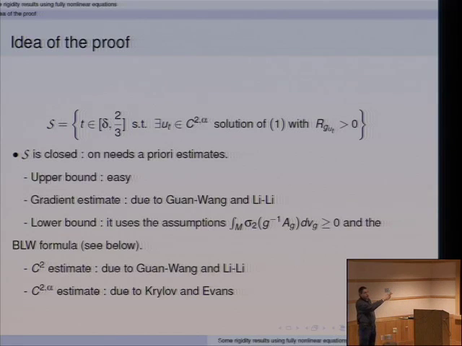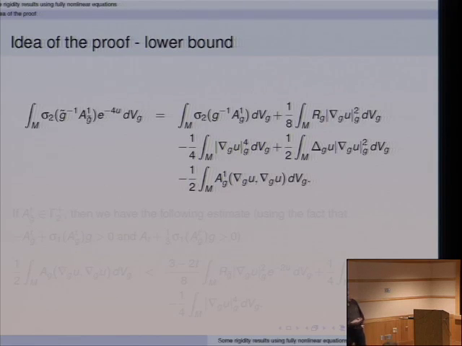So the difference between this situation and the situation in the paper of Matt and Jeff is that in 4D, this quantity here is conformally invariant, as I explained before. But in 3D, it's not. So it's a little bit more complicated, so you have to compute. You compute the integral of sigma 2 for your new metric, G tilde.